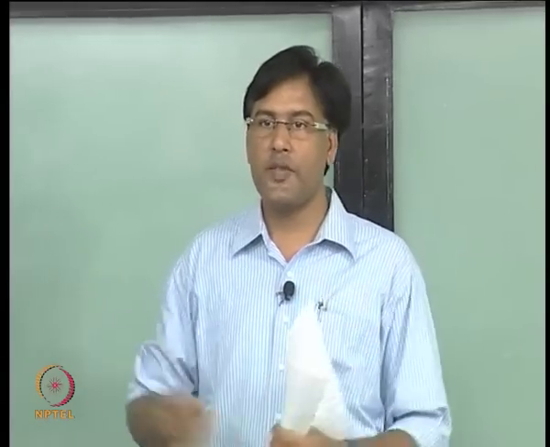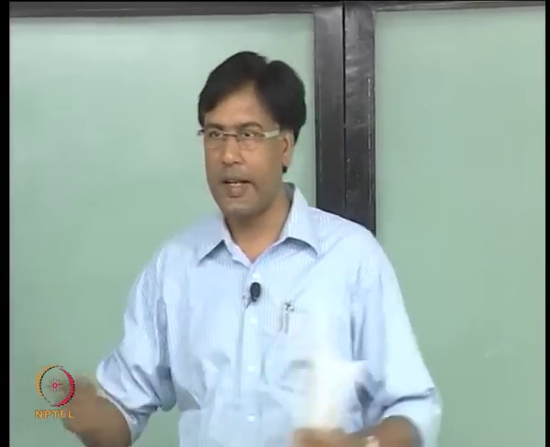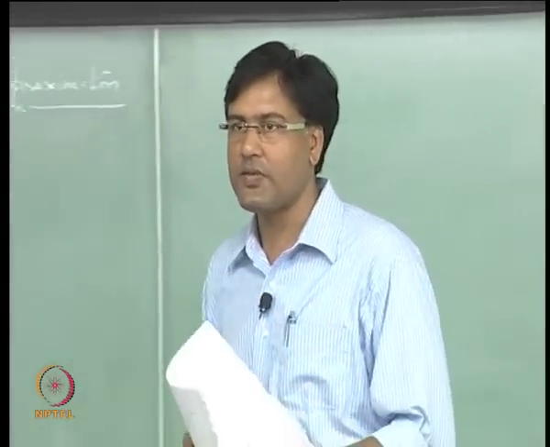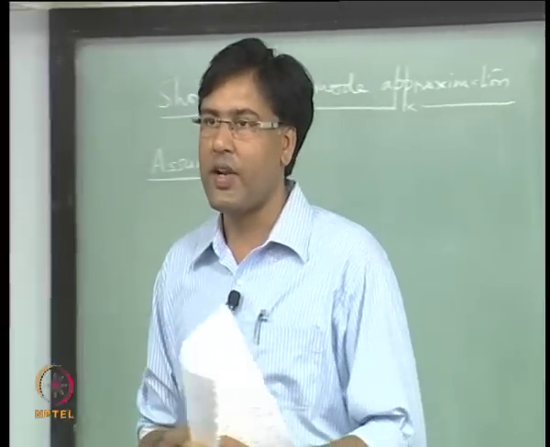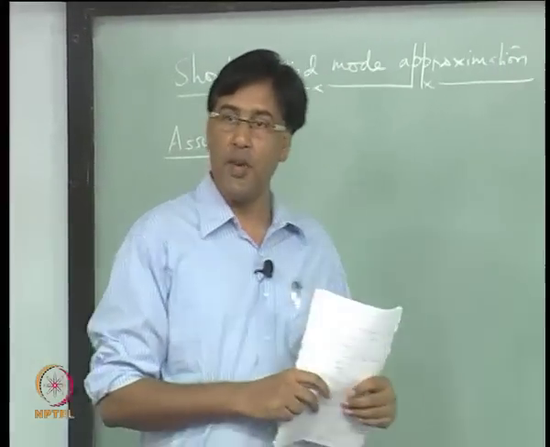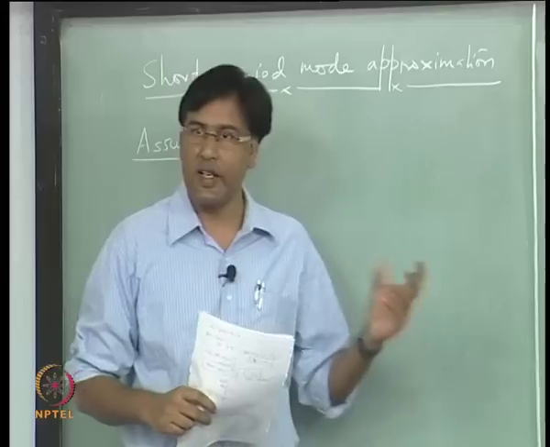Otherwise, if you can solve the quartic equation, you can get exact expressions for the Phugoid mode eigenvalue and the short period mode eigenvalue, but it is not possible to solve analytically, right.